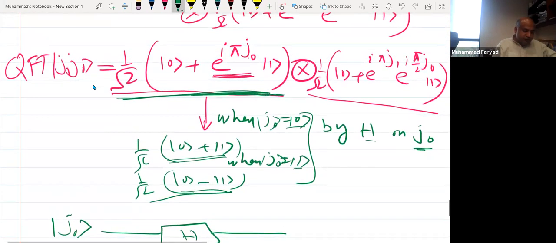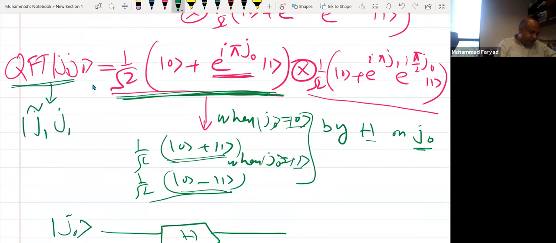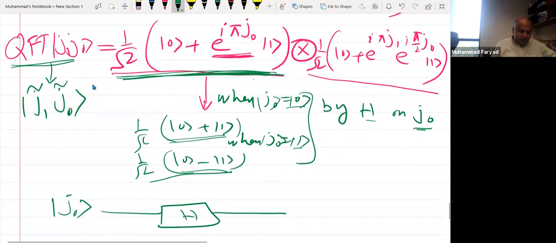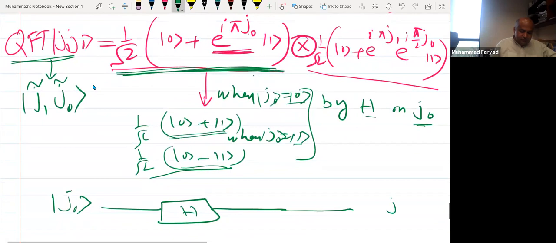We have introduced the notation that this is equal to j1 tilde, j naught tilde. So this is the j1 tilde qubit. So this will give us j1 tilde.